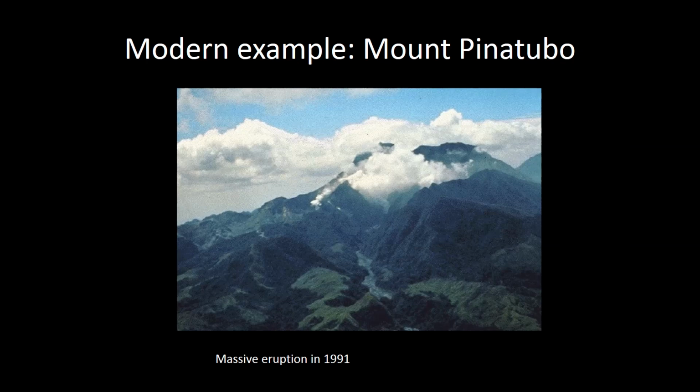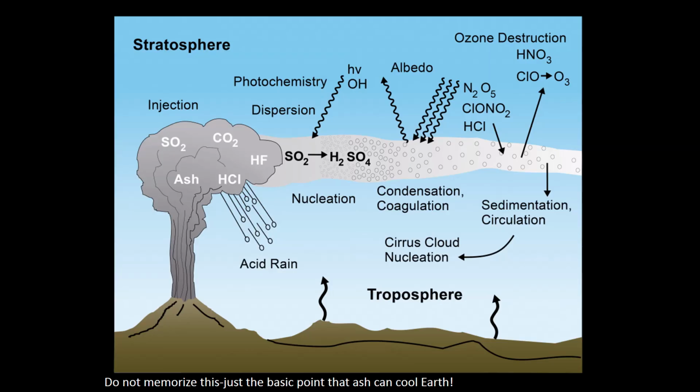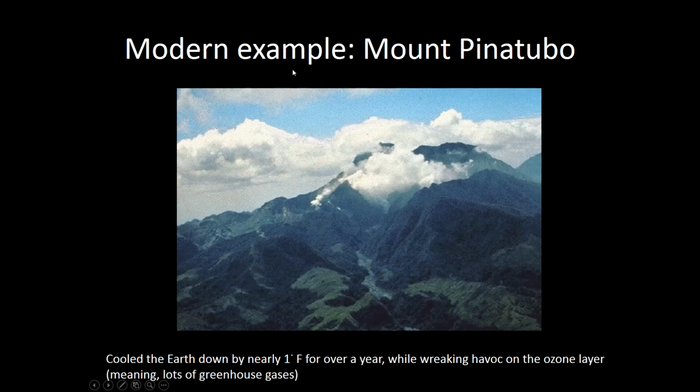So, for an example here, we have Mount Pinatubo. This is a massive eruption in 1991. You don't need to memorize this. Just take a look at this real quick. I know there's a lot of ridiculous words on this graph. As the ash comes out, it's actually blocking out the sunlight, and you can see that through that gray cloud right about here.